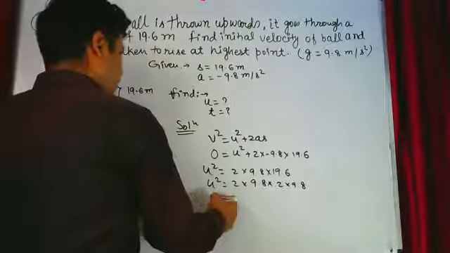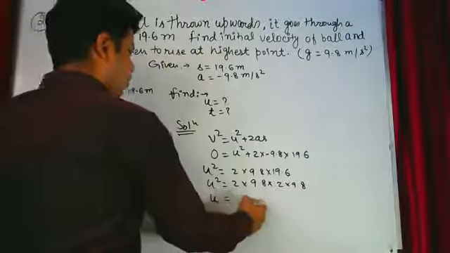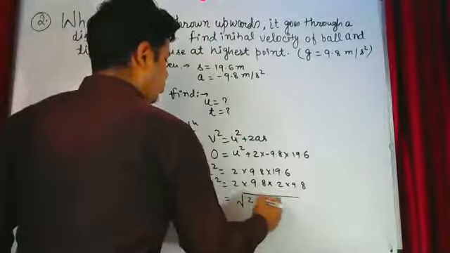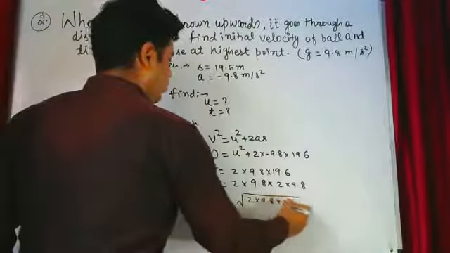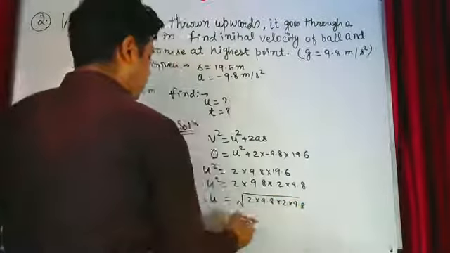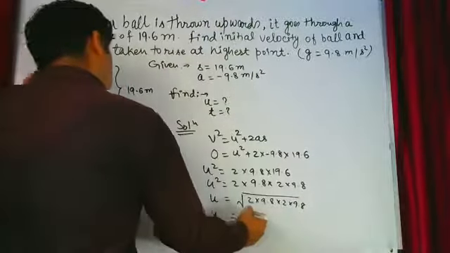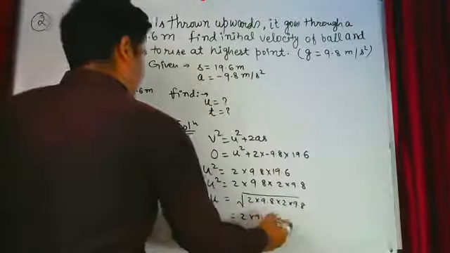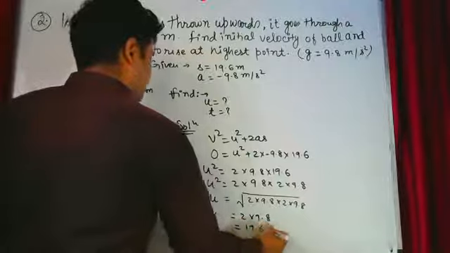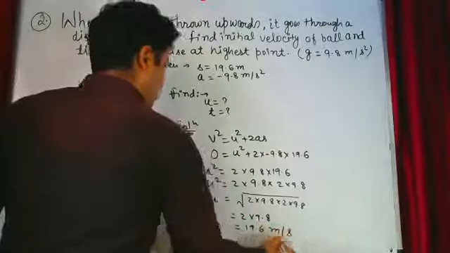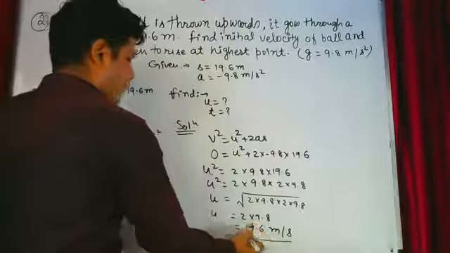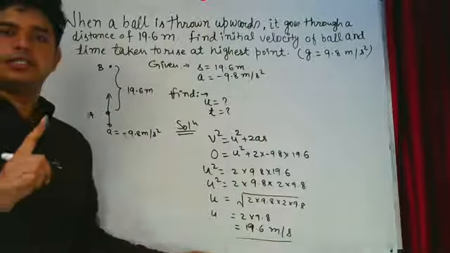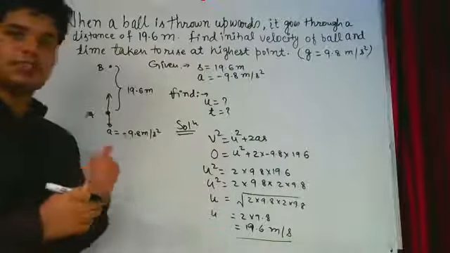Then u becomes the square root of 2 into 9.8 into 2 into 9.8. If I take the value of u, it becomes 2 into 9.8. This is again 19.6 meter per second. So this gives us the initial velocity of this ball.